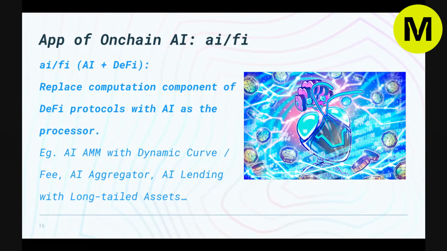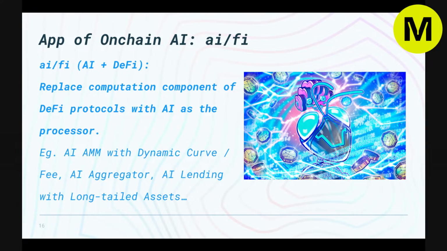So, for example, when we look at one DeFi protocol, we will see that it offers one key component of computation as a core feature. For example, an AMM has the x times y equals k curve to compute the price for you, and that's the core computation component of it.